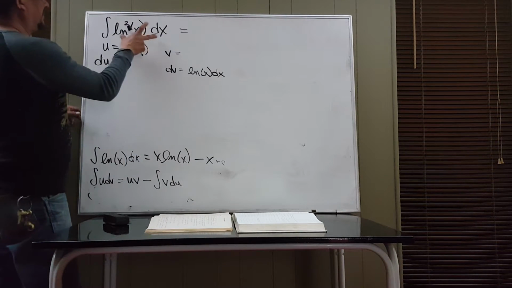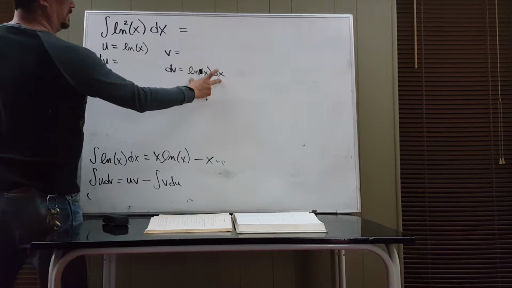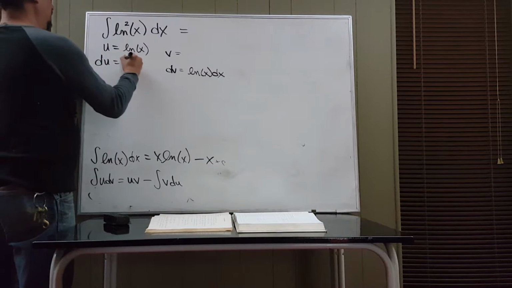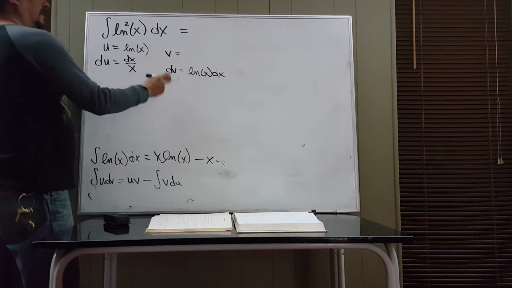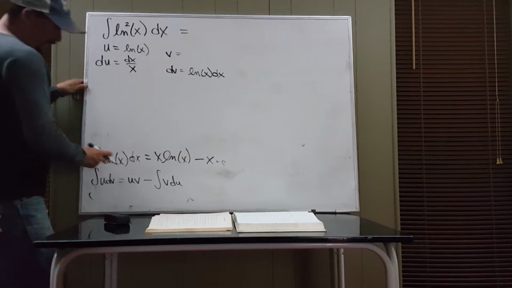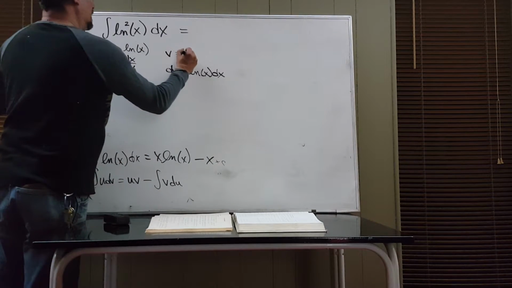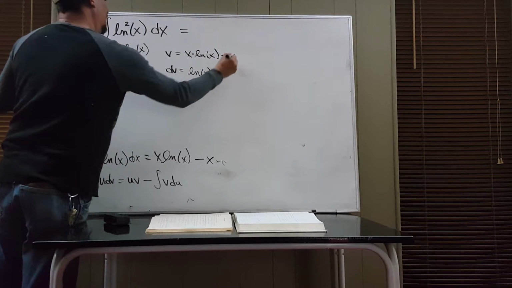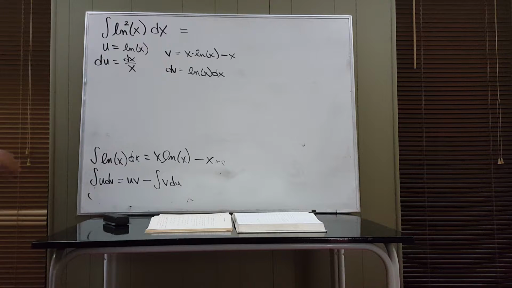Okay, so one of these is the derivative, and one of these is the function we're going to derive. And again, du is dx over x. But v is going to be the antiderivative of this, which is x times the natural log of x minus x. Okay, so we're going to use this integration by parts formula.